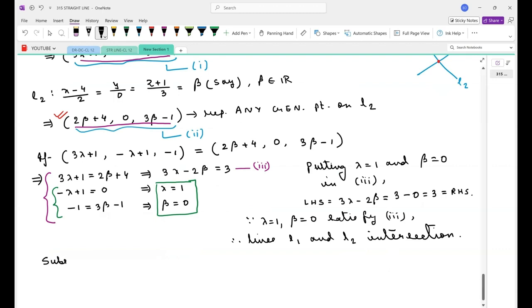Okay, so to get the point of intersection, substituting say lambda equal to 1 in 1, the point of intersection is 4, 0, minus 1.